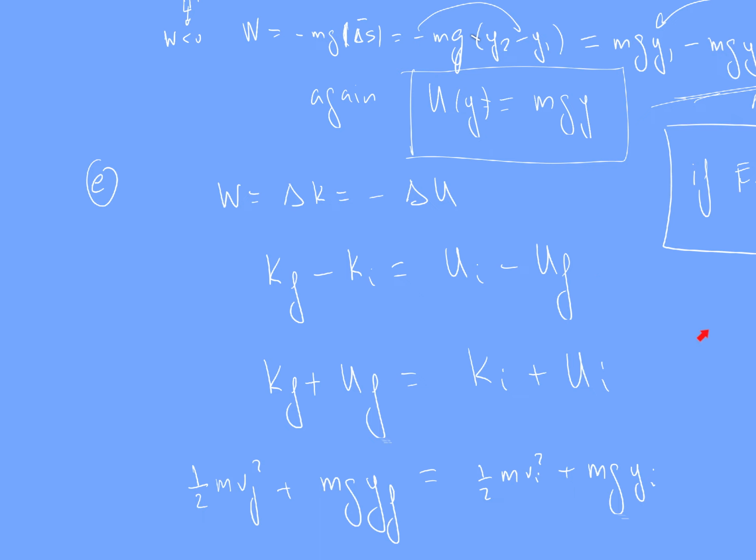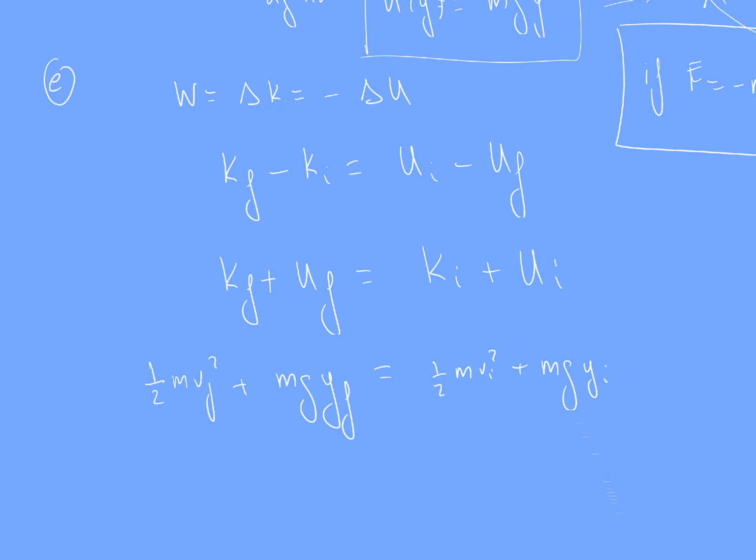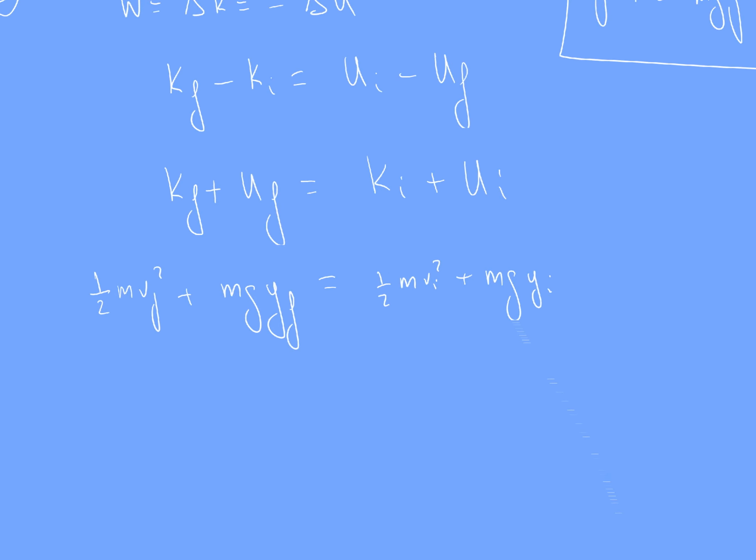If you reorder, you will find this equation that is the conservation of mechanical energy, that says the sum will be constant. It will be the same sum as at the initial. The mechanical energy initially will be the same as the mechanical energy at the final.